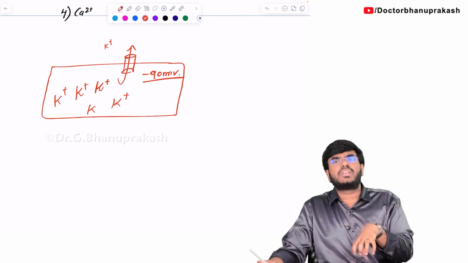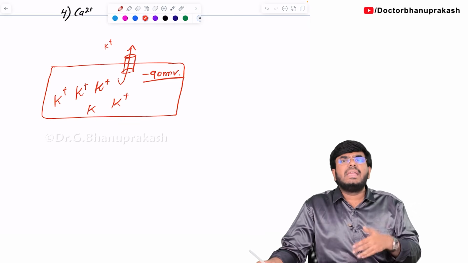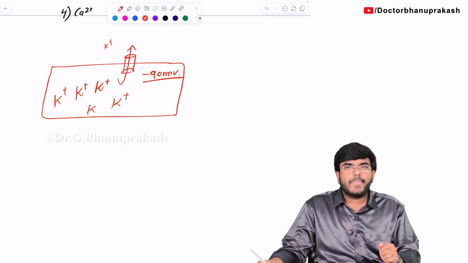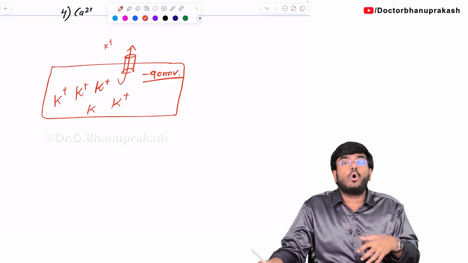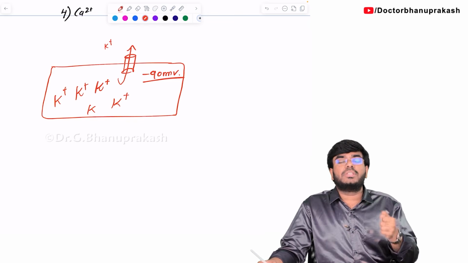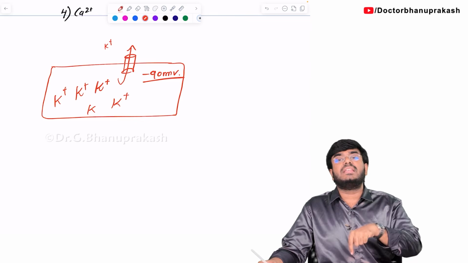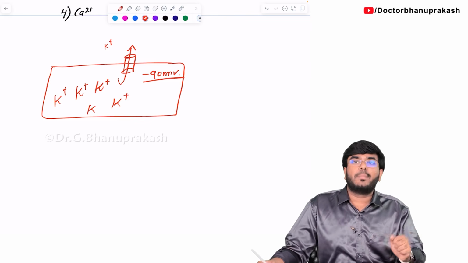Now in this particular condition, the equilibrium potential of the cell is exactly equal to the resting membrane potential, because no other leaky channels are there, no other ions are there. So in such a hypothetical condition, the equilibrium potential of the cell is exactly equal to the resting membrane potential.